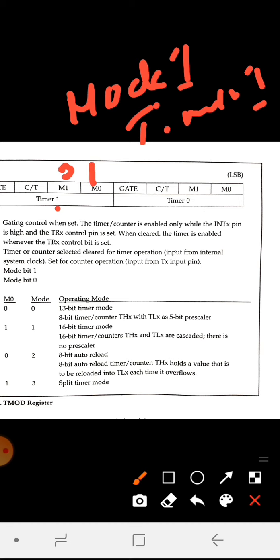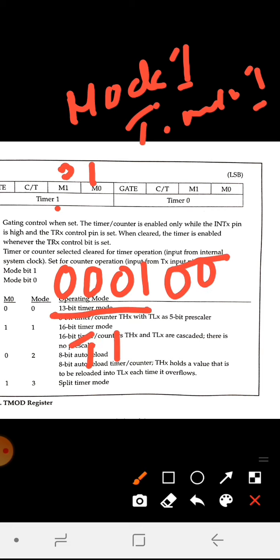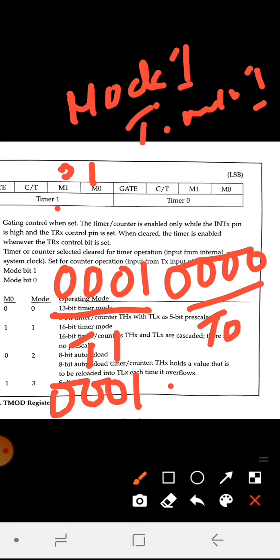So the value for this will be 0, 0, 0, 1, that is timer 1, and timer 0 will be 0. Therefore, the value for mode 1 timer 1 will be 0, 0, 0, 1, 0, 0, 0, 0.